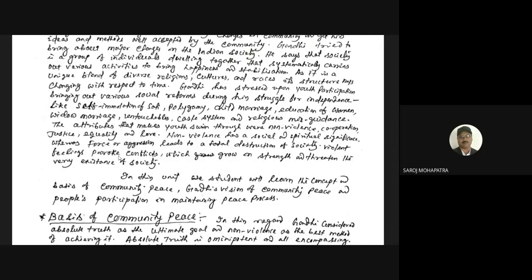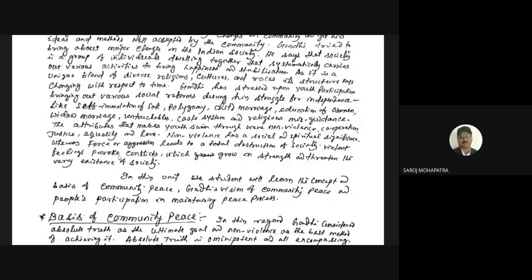Non-violence has a social and spiritual significance, whereas force or aggression leads to the destruction of society. Violent feelings provoke conflicts, which grow in strength and threaten the very existence of society.